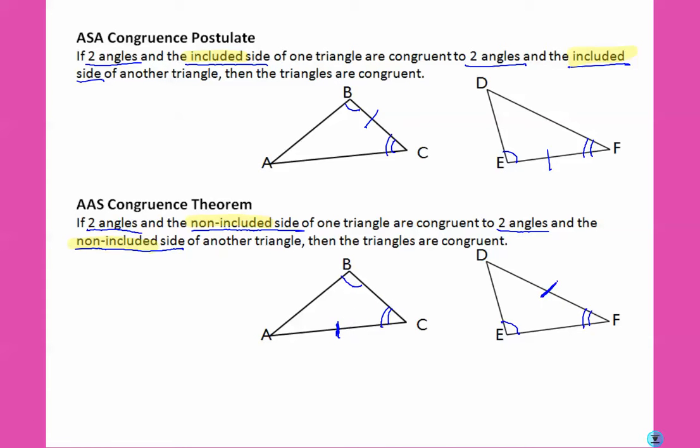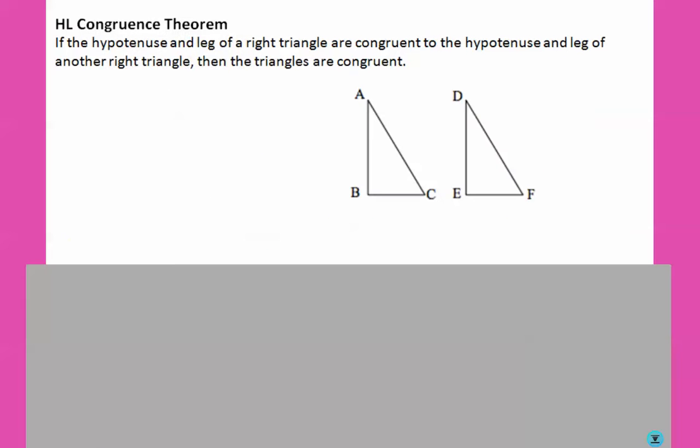And our fifth and final congruence statement is the HL congruence theorem. This stands for hypotenuse and leg. Remember, hypotenuse is the side across from the right angle.